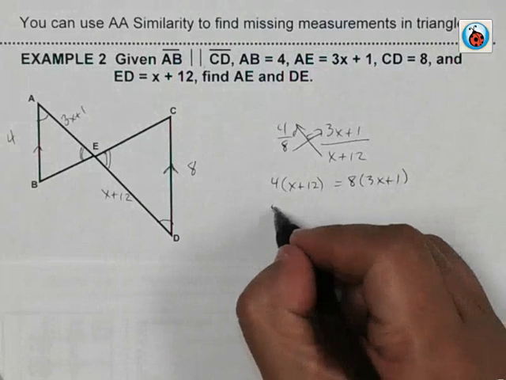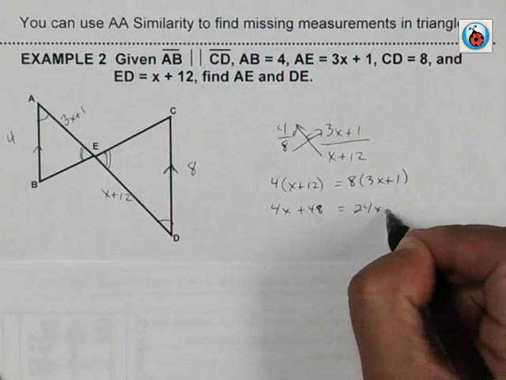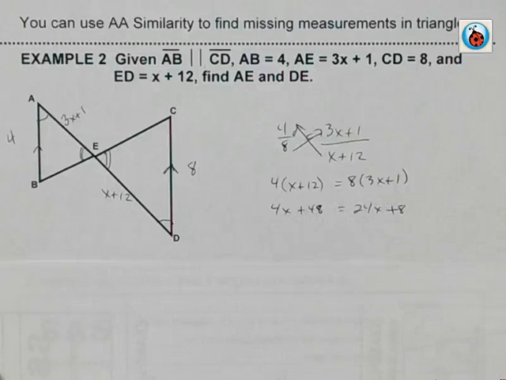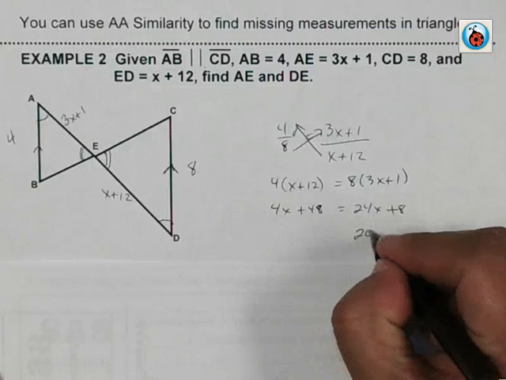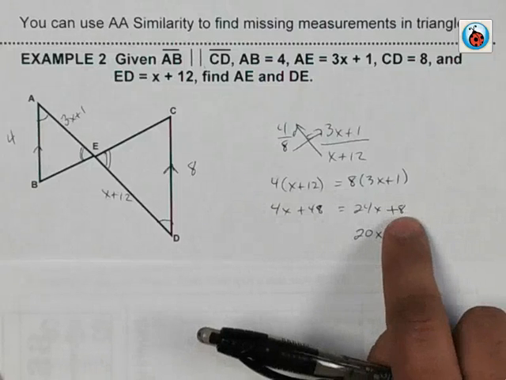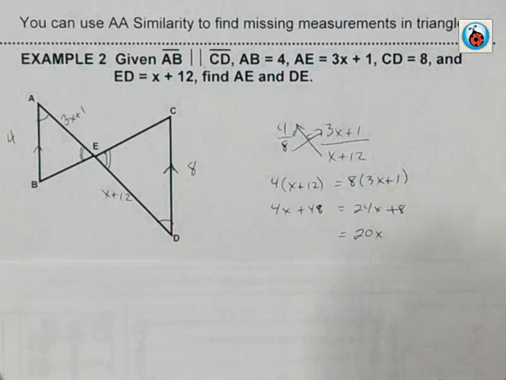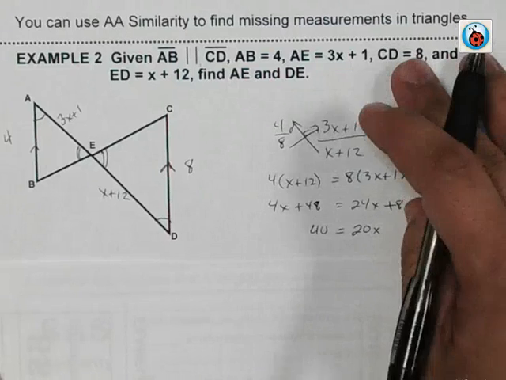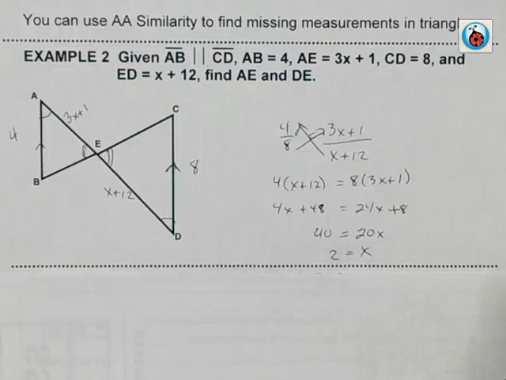Distributing gives 4x plus 48 equals 24x plus 8. Subtracting 4x gives 20x, and 48 minus 8 gives 40. Dividing by 20, x equals 2.